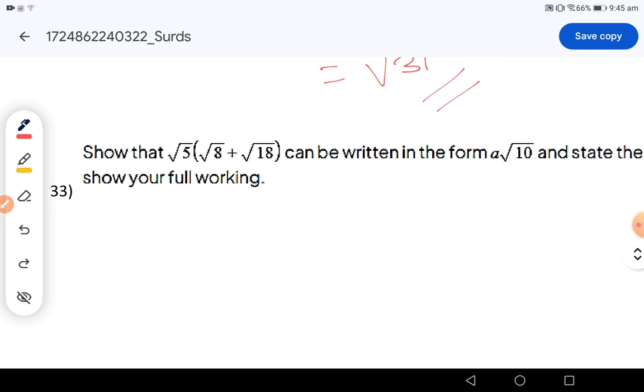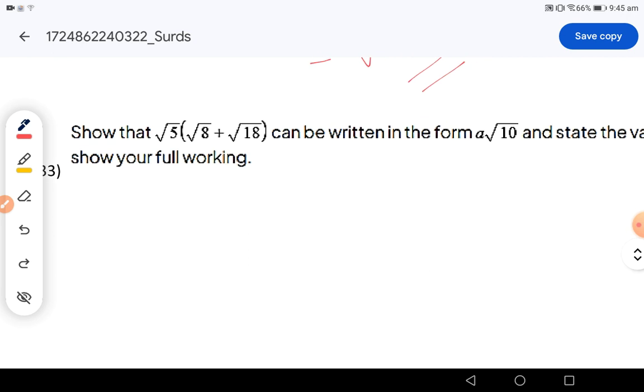Question 33. Show that root 5 multiplied by root 8 plus root 18 can be written in the form a root 10. Okay, so 5 times 8, 40, so root 40 plus 18 times 5, 90. So now we have to write in the form of root 10.